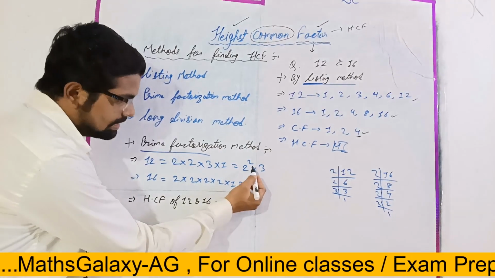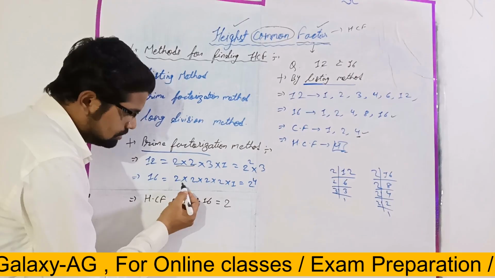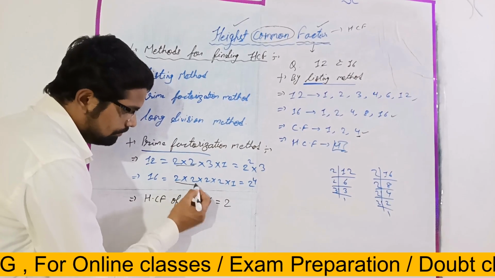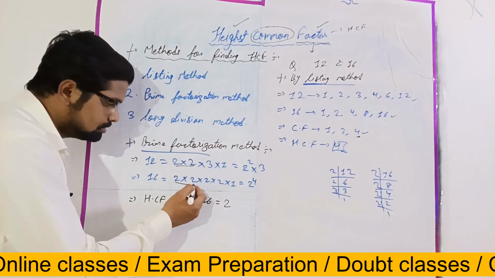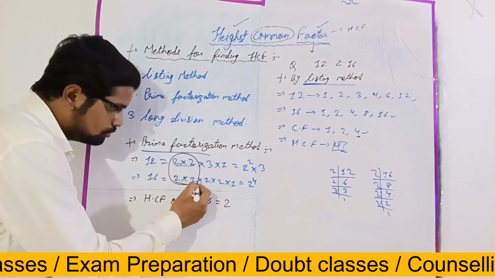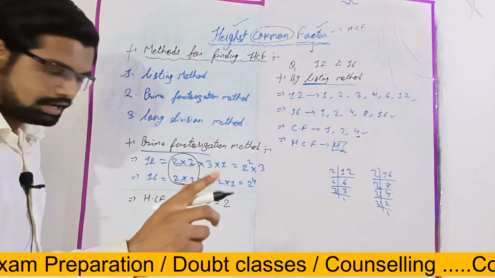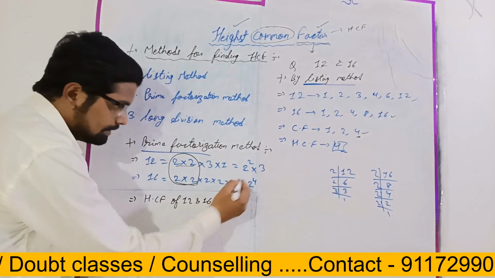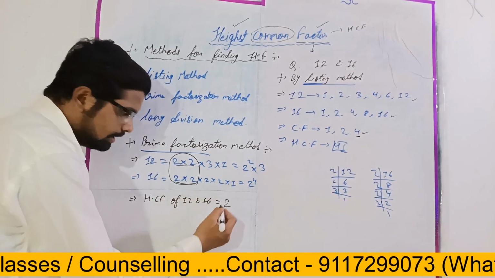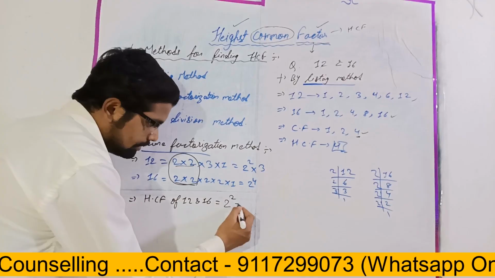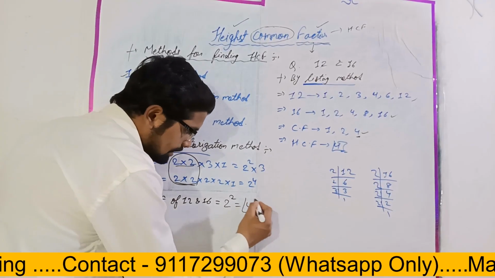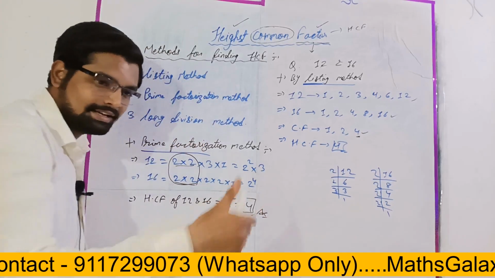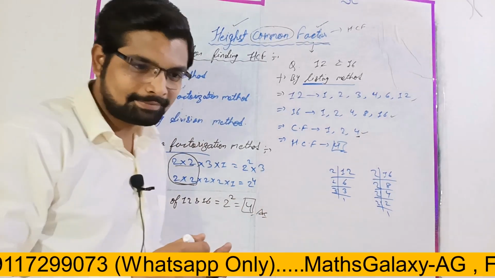Here there are two 2s and here there are four. So we can take two 2s as common. Here we are finding the common factor, so we write the common factor only. So 2 to the power 2, which means 4, will be the correct answer. Is it clear? Did you get it?